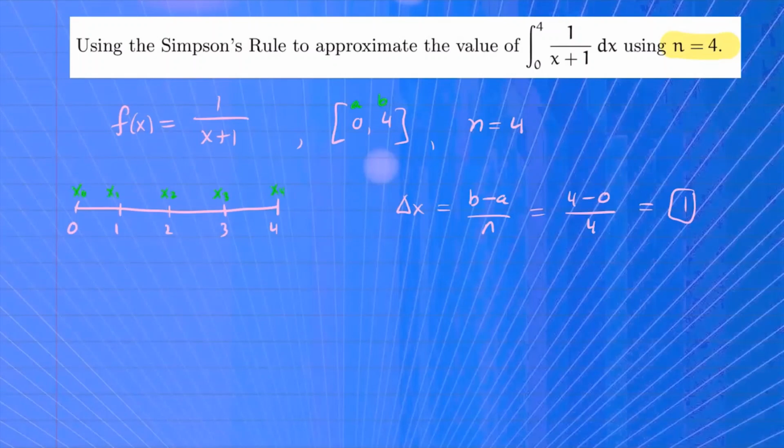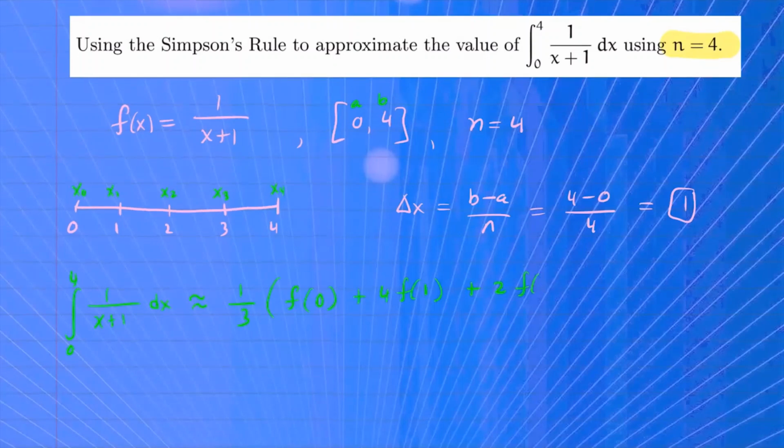Now, to approximate the area, we're going to use Simpson's rule. So this integral from 0 to 4 of the function 1 over x plus 1 dx is approximately delta x over 3, so that would be 1 over 3 times f of x0. x0 is 0, plus 4 times f of x1. x1 is 1, plus 2 times f of x2, that would be f evaluated at 2, plus 4.